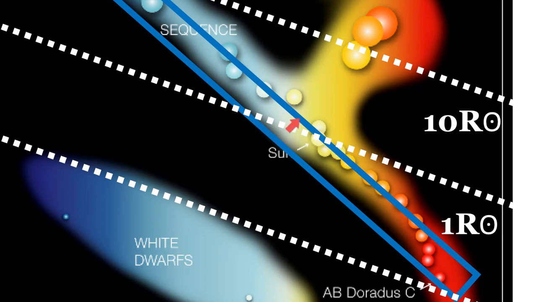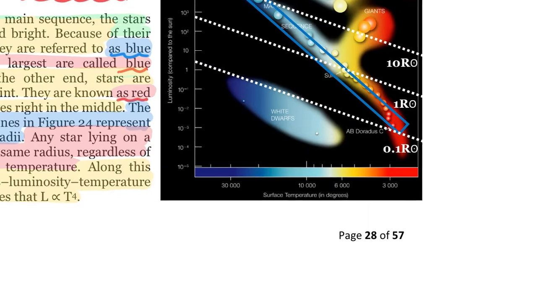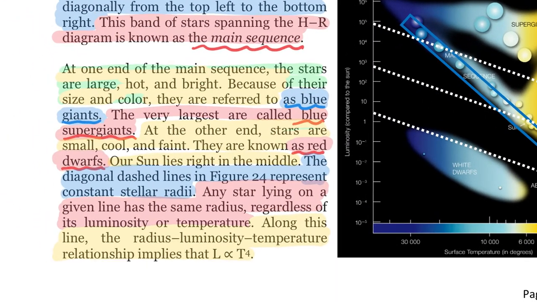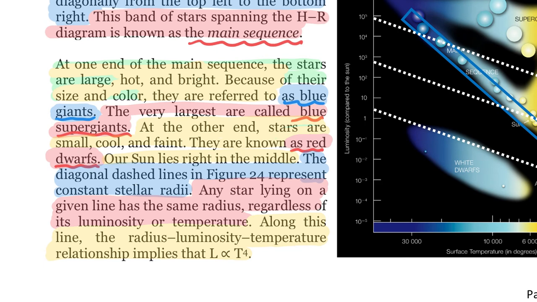But you can see you can get hotter stars and cooler stars that are of the same physical size as the sun. So we also see that along these lines the radius luminosity temperature relationship implies that the luminosity is directly proportional to T^4, T to the power 4.